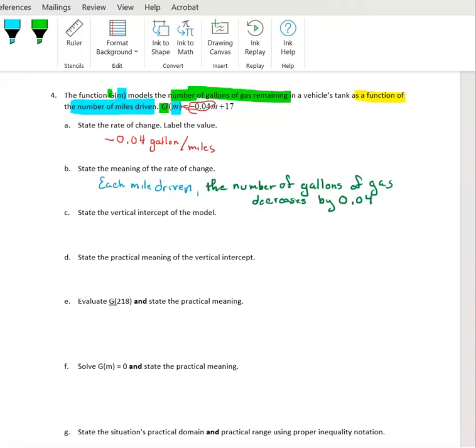Or you can say the number of gallons left in your tank is decreasing by, or it goes down by 0.04, left in the tank.